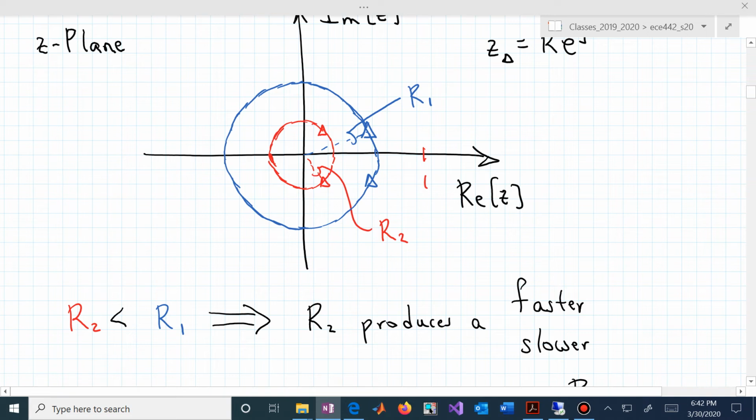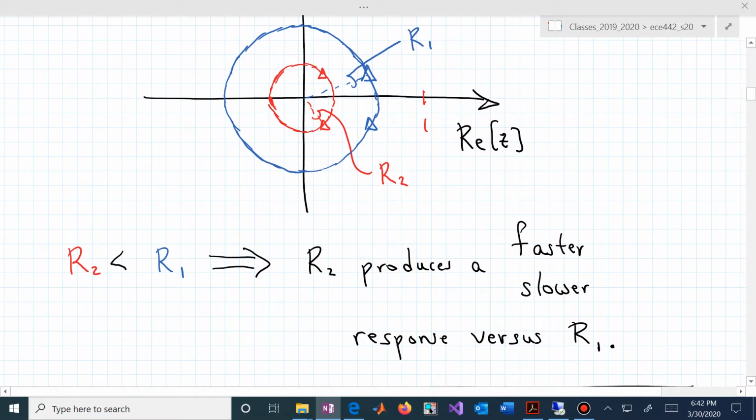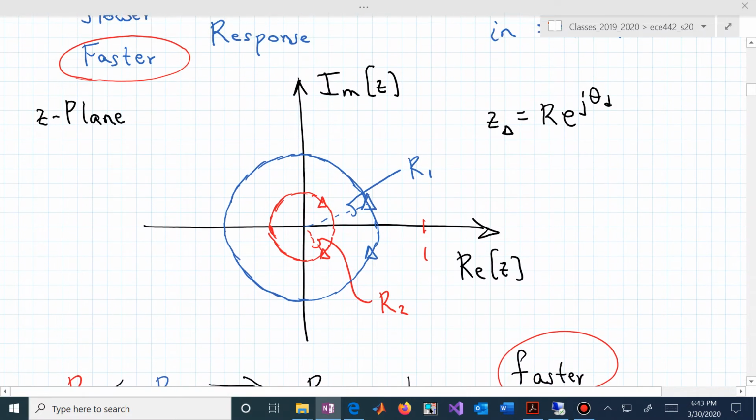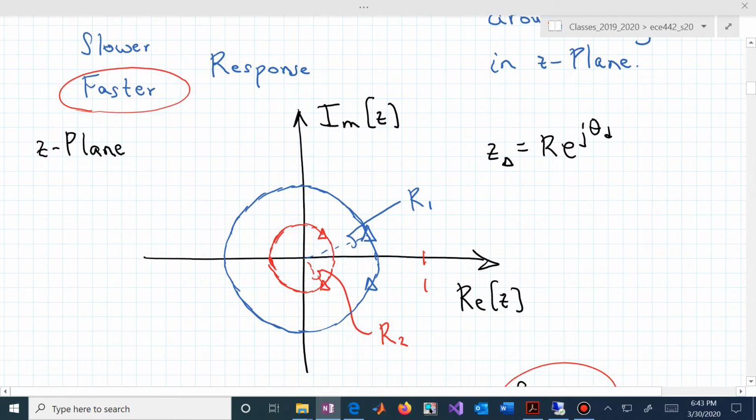The poles associated with r sub 2 produce, since they're on a smaller circle, a faster response versus the poles on the circle determined by the radius r sub 1. So if you're interested in settling time, then you're looking at these concentric circles.